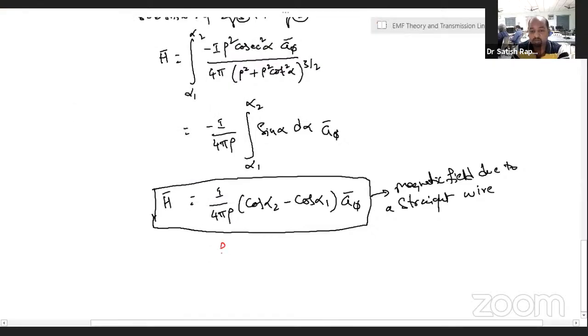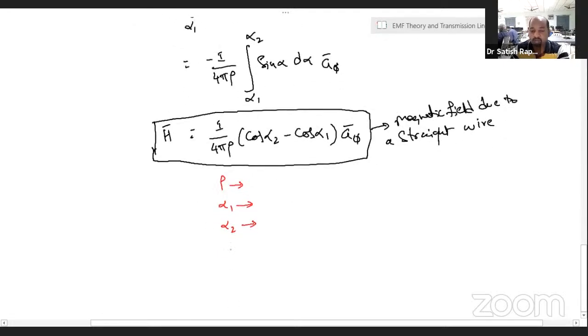Rho is one parameter, alpha 1 is another parameter, alpha 2 is another parameter, and a pi bar is another parameter. So these are the four parameters. When a problem is given, we have to determine all these four parameters to complete a problem. So what is rho?